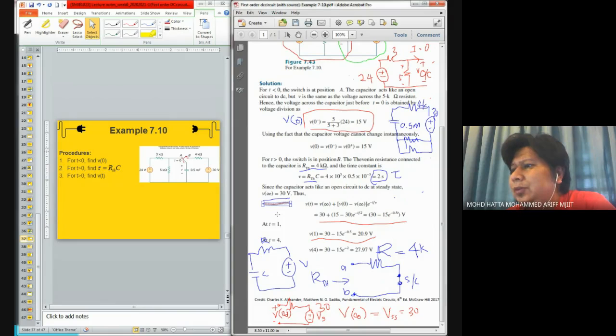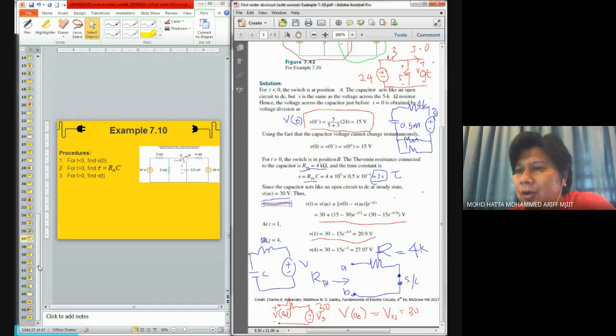VTH also comes from this kind of circuit arrangement, where we consider V at steady state, or t towards infinity. The circuit will behave like this because this capacitor will become an open circuit. Then the voltage across the capacitor is the same voltage value looking from the supply.